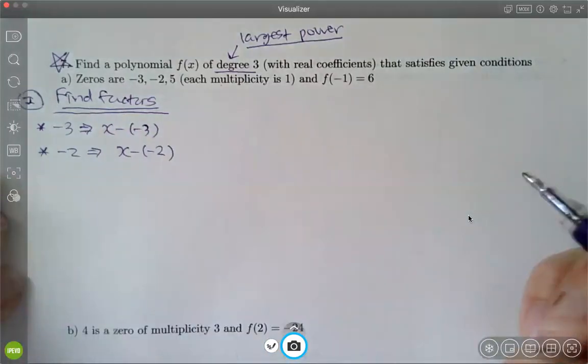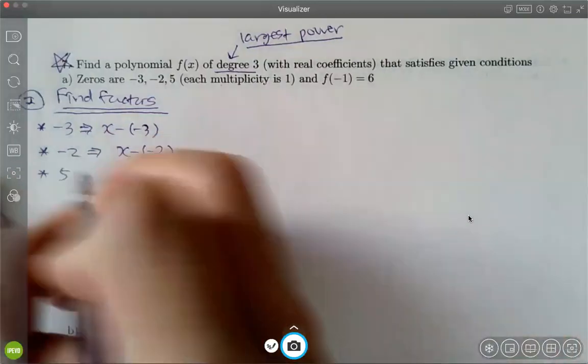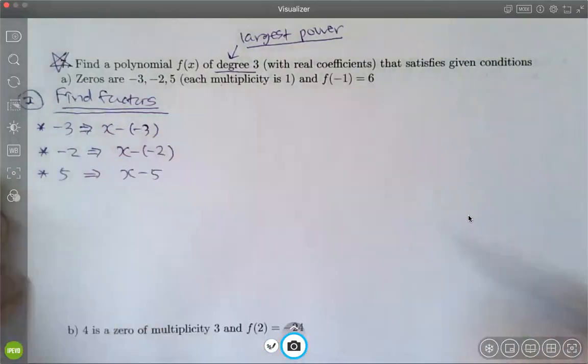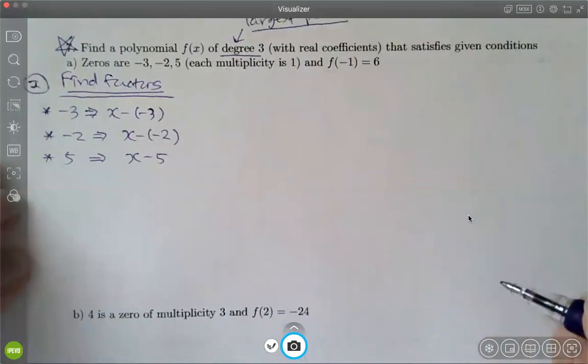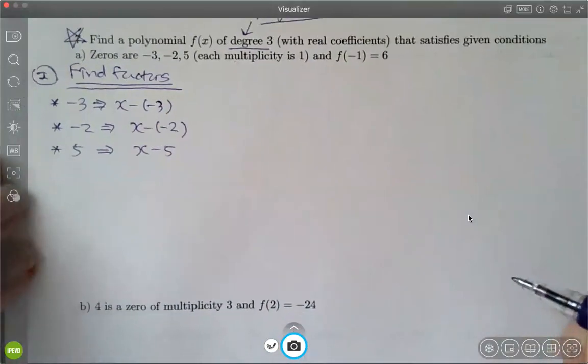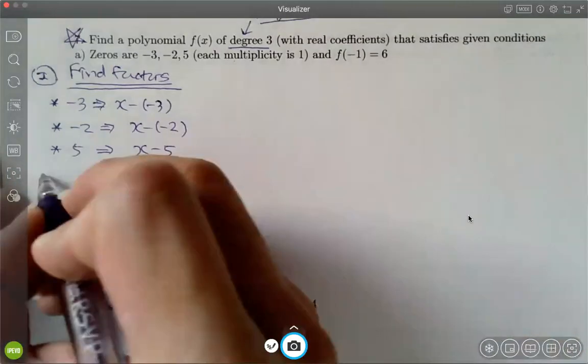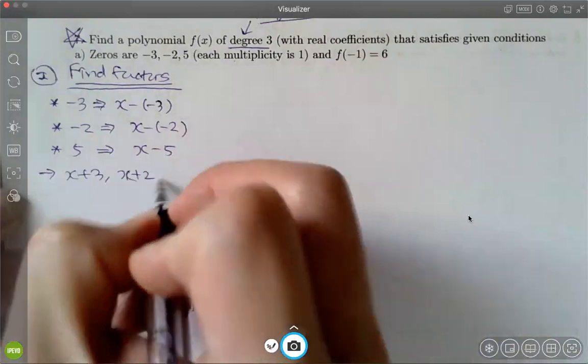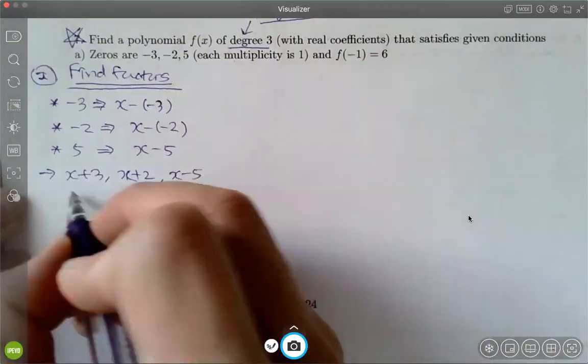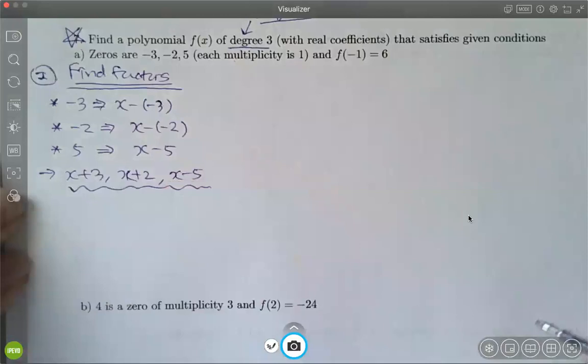And then for 5, its factor is x minus 5. So in short, the factors are x plus 3, x plus 2, and x minus 5. These are the factors.